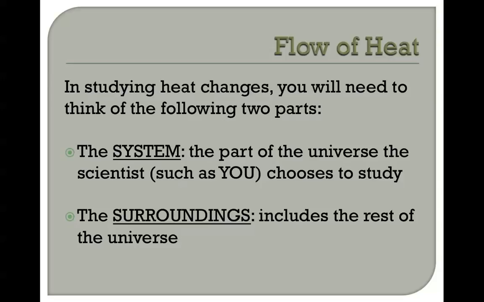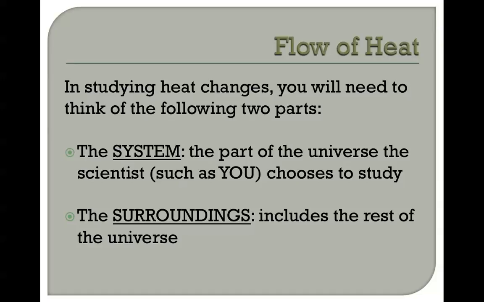One thing I want to mention, this part isn't in your notes, is the flow of heat. We're going to lead into this. Often when we talk about the flow of heat, there are two parts to it. There's the system, the part of the universe that scientists, such as you, are choosing to study, and then the surroundings, which is everything else in the universe around it.